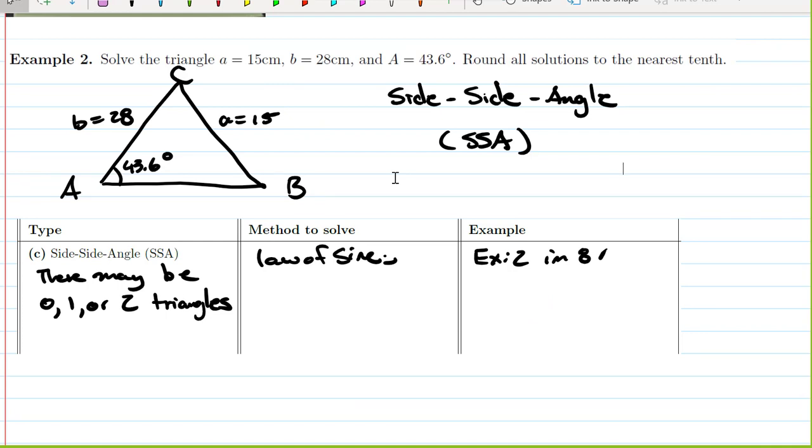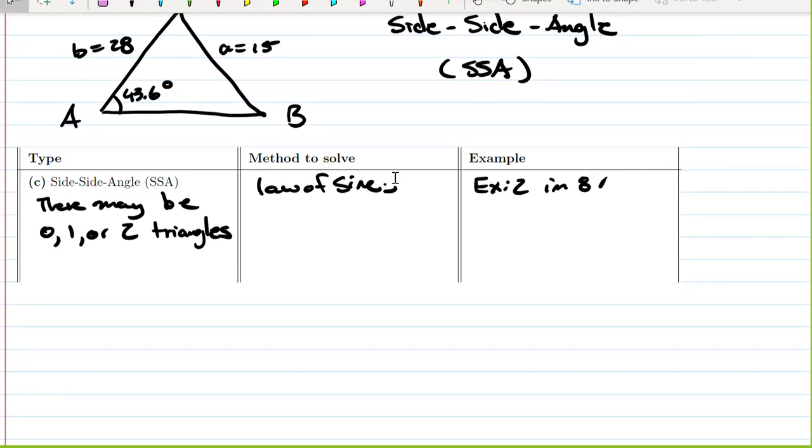So we're in our side-side-angle case, so we have to be a little bit careful. So the first step in solving side-side-angle is, notice we know two sides, but we only know one angle. So one of our angles has to be across from one of the known sides. So we have to solve for the angle across from the other known side.